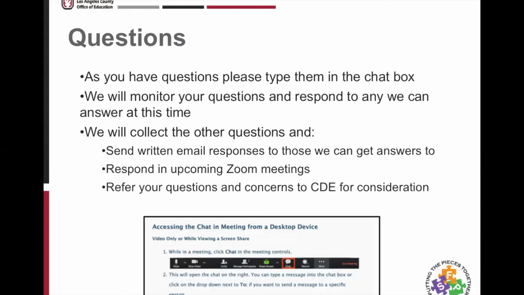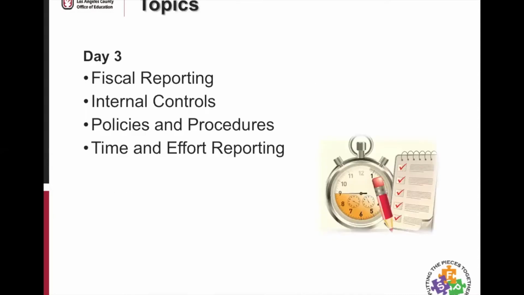So let's take a look at what we're going to look at today. On day 1, we looked at leveraging resources, knowing how program and fiscal requirements are important for using funds effectively and leveraging funds for student success. Day 2, we looked at basic concepts and terminology needed to understand federal requirements.